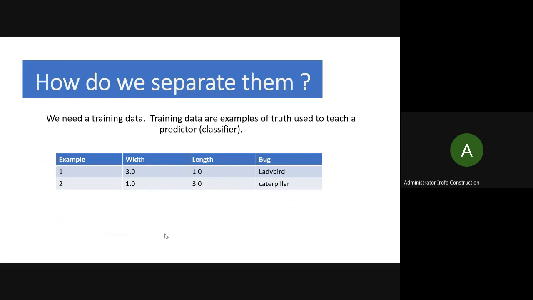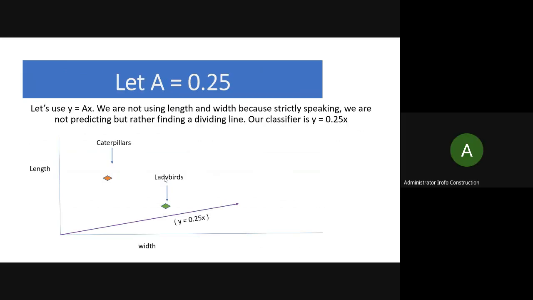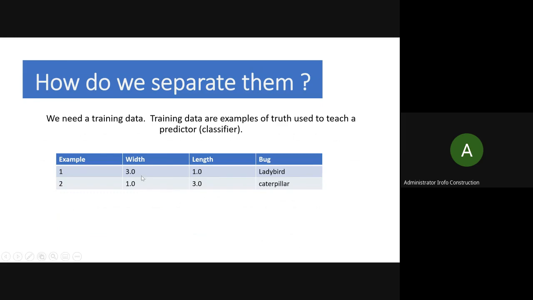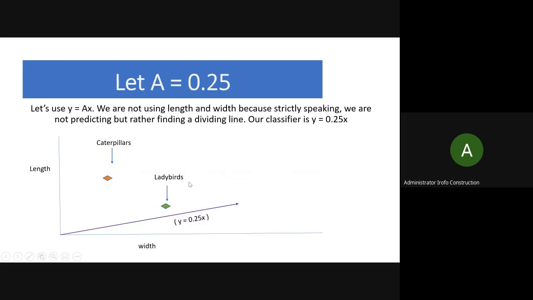If you draw this data point, 3 and 1, it will be somewhere here.